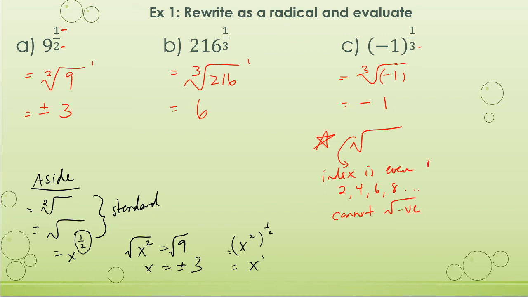However, if the index is odd, so for instance 3, 5, 7, 9, etc., it is possible. So you can take the root of a negative. Just pay attention to that as you're going through these.